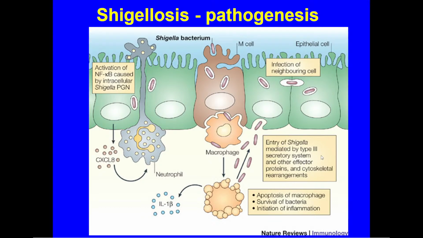Then entry of Shigella mediated by the type 3 secretory system and other effector proteins causes skeletal rearrangement, and then it may cause the infection to travel from cell to cell. They may cause the infection of the neighboring cells. Then we may have damage of the epithelial cells of the colon, because that happens in the large intestinal tract, and sloughing of this layer.